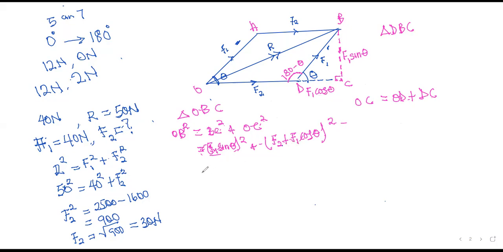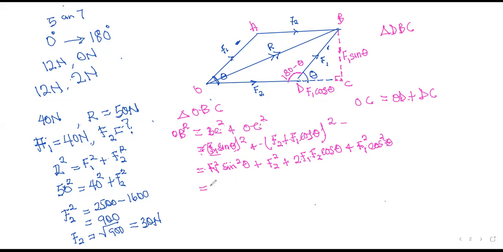That is how we got this. So we expanded this and got F1 squared sine squared theta plus F2 squared plus 2 times F1 times F2 times cos theta plus F1 squared cos squared theta. This is the expansion.